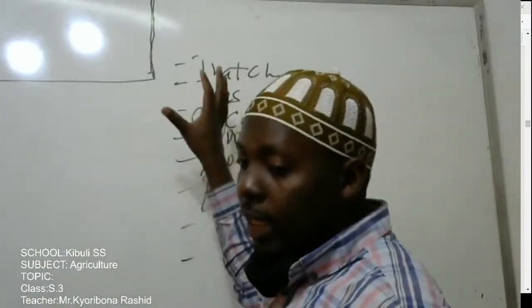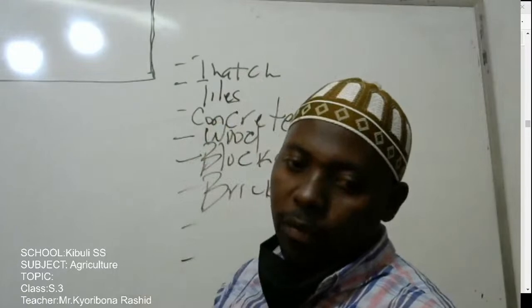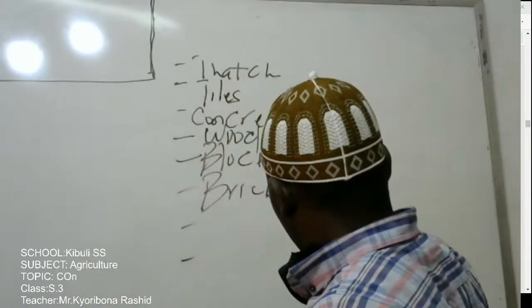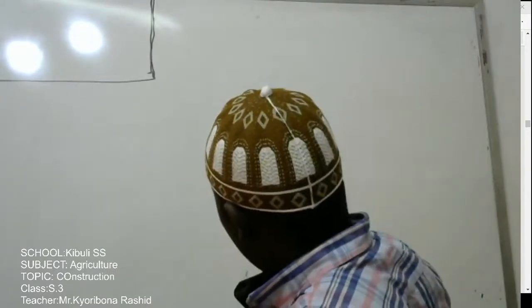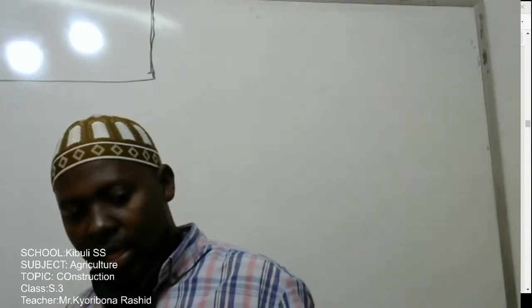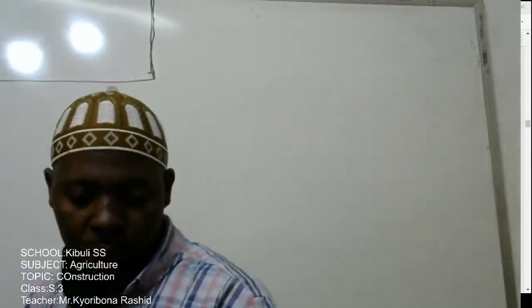Those are the examples of different groups of building materials. Hope you still remember them from the last lesson. I do not want you to begin listing answers like sand or cement. Basically we need the groups.